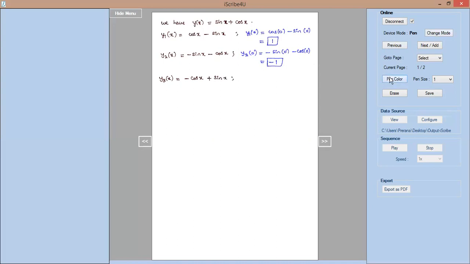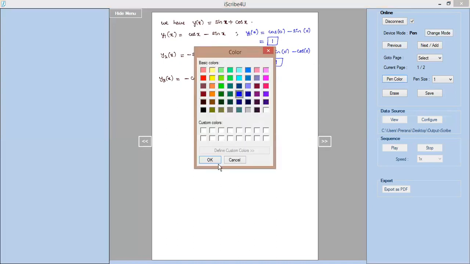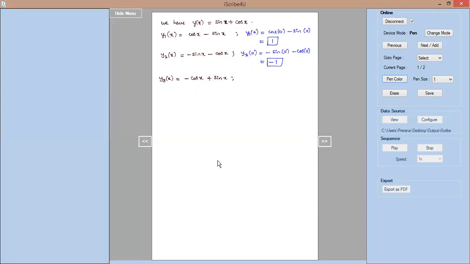And again at the point x is equal to a equal to 0. Throughout our problems in Maclaurin series, we will be obtaining at the point 0 only. So we have minus cos 0 plus sine 0. Cos 0 is 1, there is a minus sign outside. So minus 1 is the answer for y3 of 0.